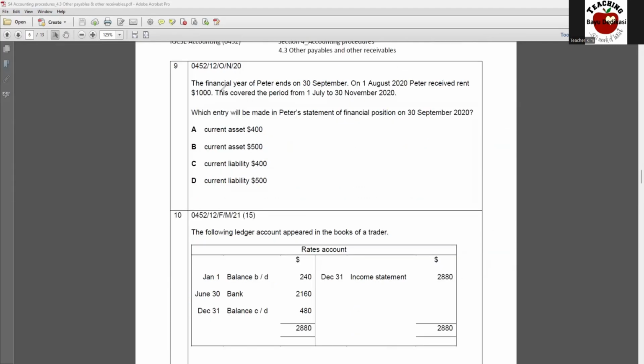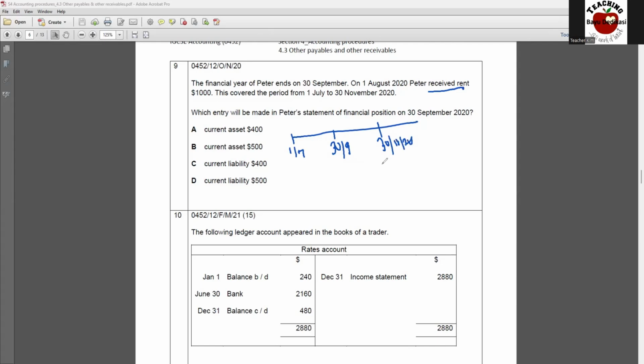Question 9. The financial year of Peter ends on 30th September. On 1st August 2020, Peter received rent, so this is an income. This covers the period from the 1st July up to the 30th November.